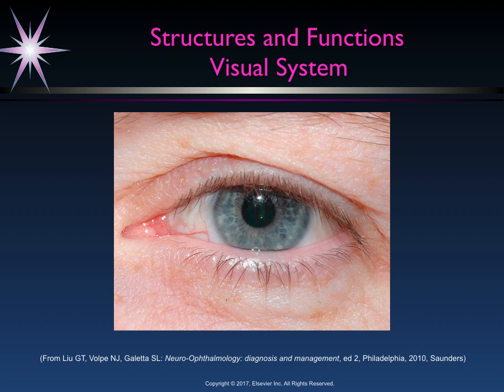The small opening in the center is the pupil, and it's through the pupil that light enters the eye. The pupil dilates and constricts with two muscles controlled by cranial nerves 5 and 3. 5 is the trigeminal nerve, and 3 is the oculomotor nerve.